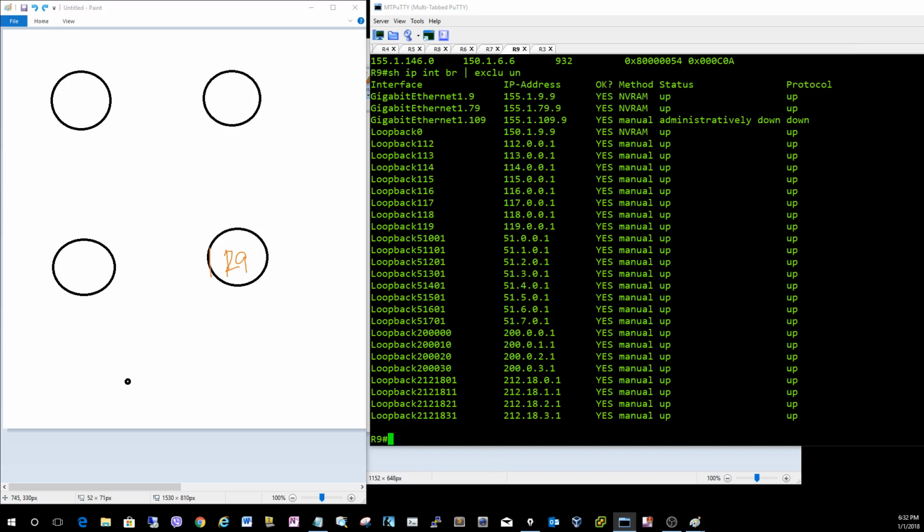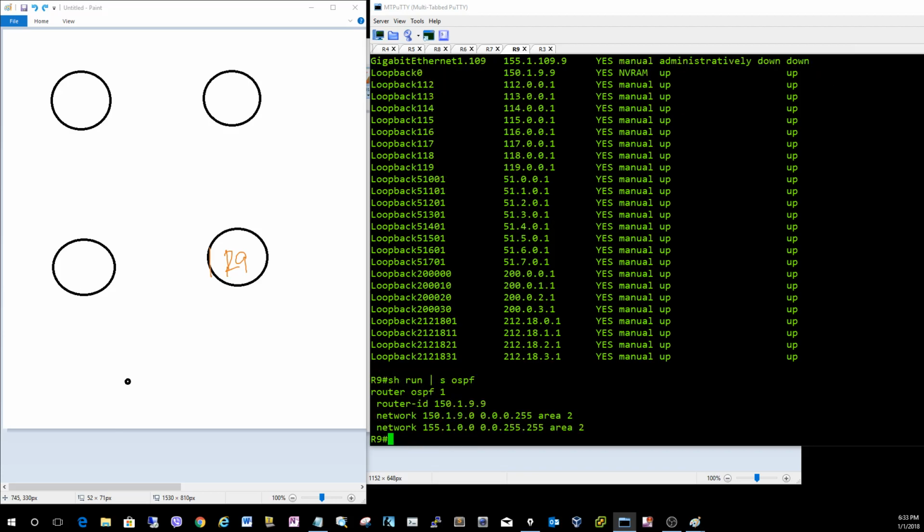If that was the case, the router ID would have been this one right here, 212.18.3.1. Hence, we can track down which router is which, because I have hard-coded the router IDs as the loopbacks. Anyway, going back to show ip ospf database.